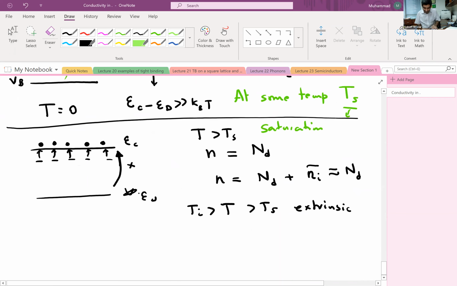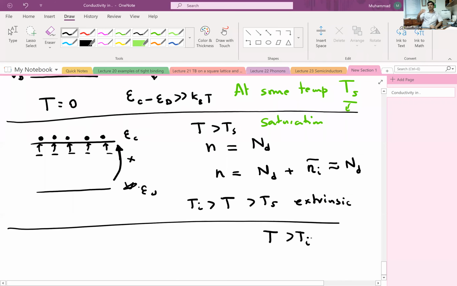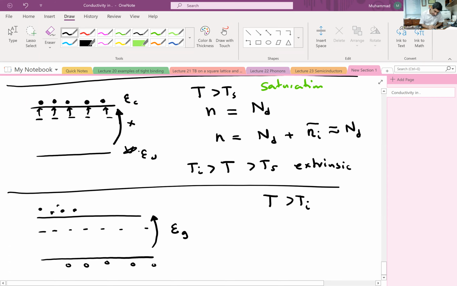All right. Then finally, beyond another limit, Ti, thermal generation would start to kick in. And in that case, electrons can be promoted across Eg, and holes will be created here, and extra electrons will be created here.